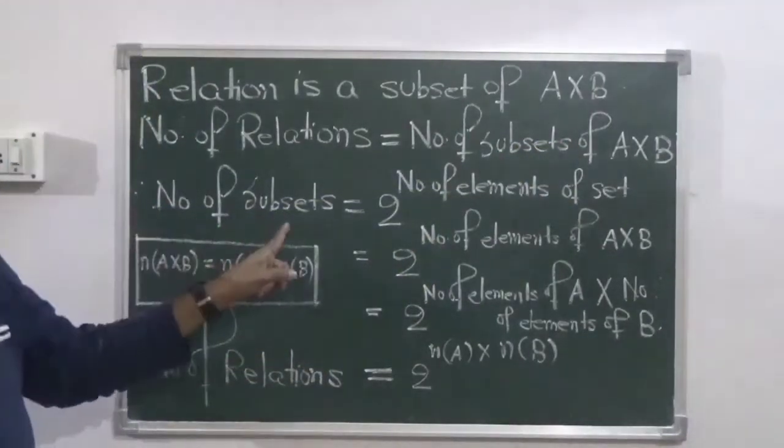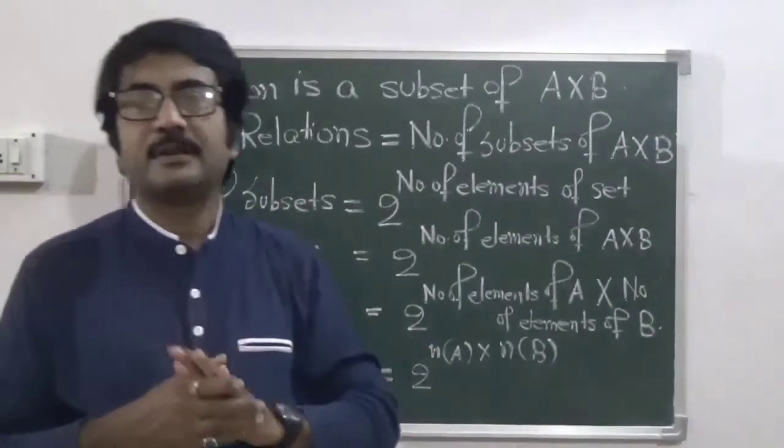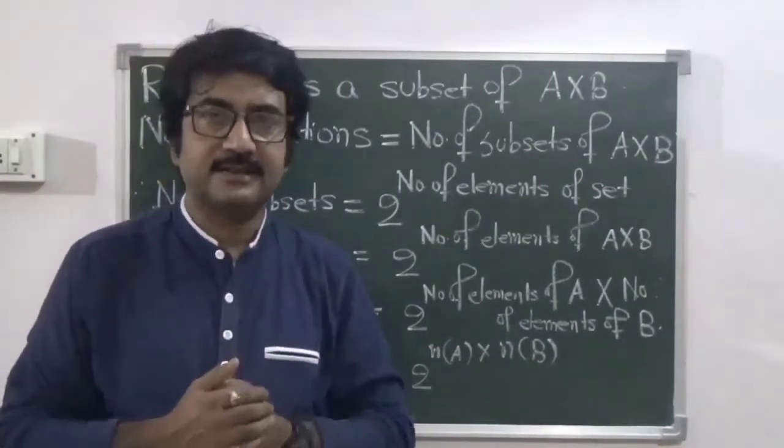So the number of relations is equal to the number of subsets of A cross B. Now the number of subsets, we know, is given by 2 to the power of the total number of elements present in the set, right?